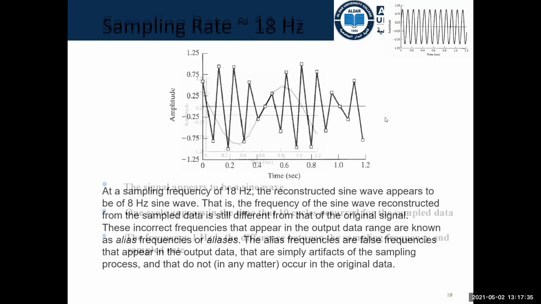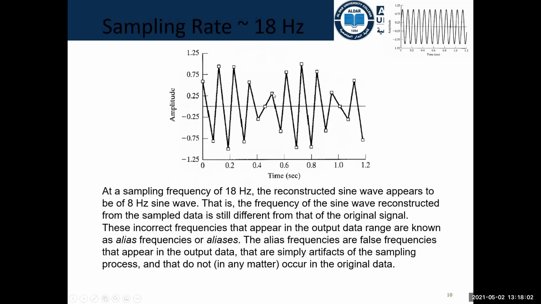If we are working with a sample rate of about 18 hertz, this is going to create a sampled signal like the one you are seeing here. It is not a constant frequency. We can say it has a specific frequency of about 10 hertz, but the amplitude is different in different places.